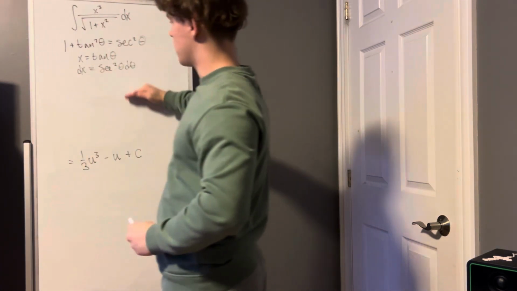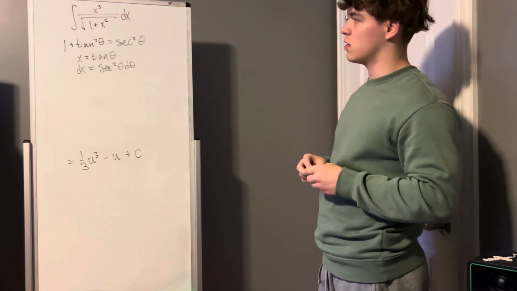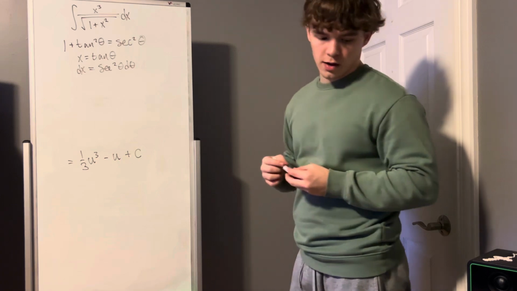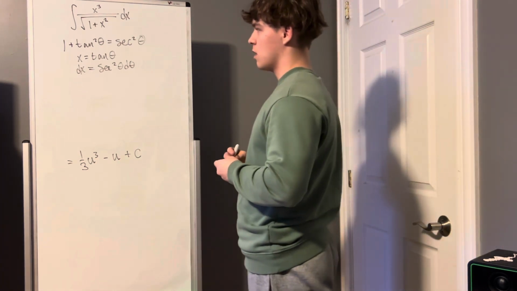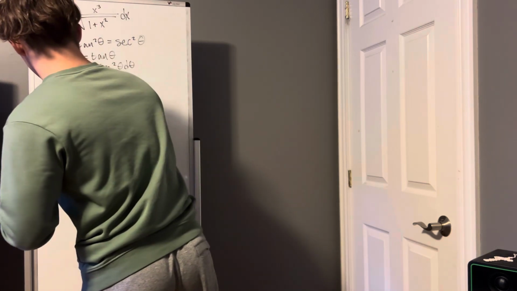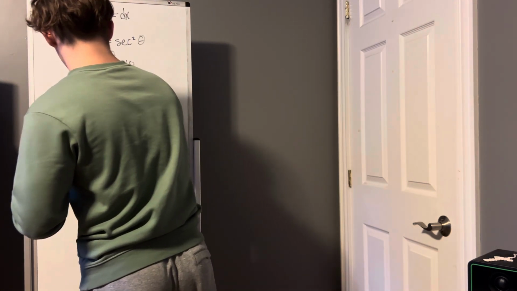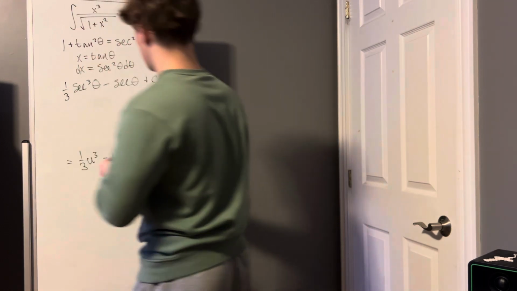Now, let's bring this back up to here and look at our integral. Well, we've got 1 over 3 u cubed, and remember, our u was secant theta. So 1 over 3 secant cubed theta minus secant theta plus c.